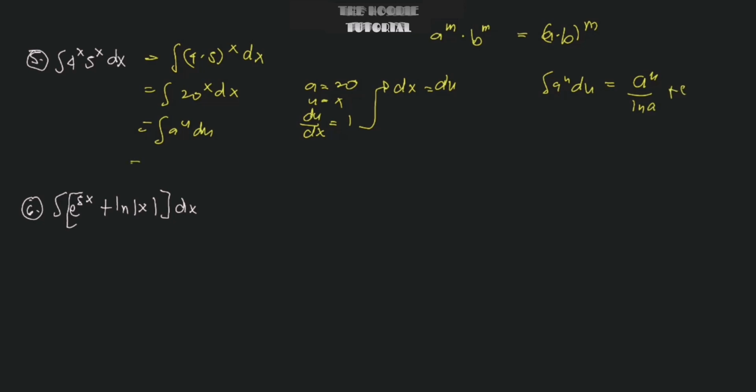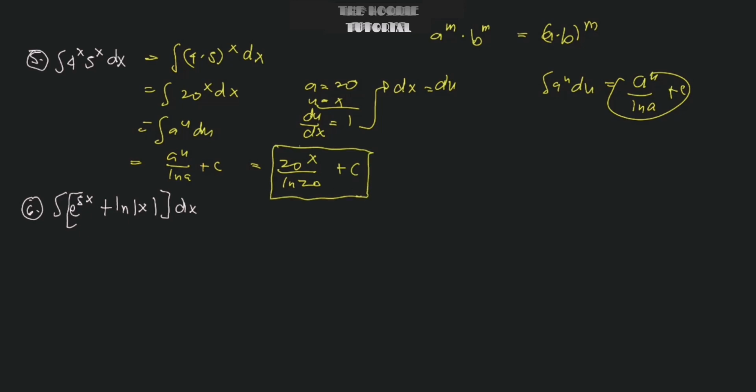So that would become a^u over ln a plus c, and then substituting all the values, a is equal to 20, our u is x, over ln 20 plus c. So therefore, this would be our final answer for example number 5.